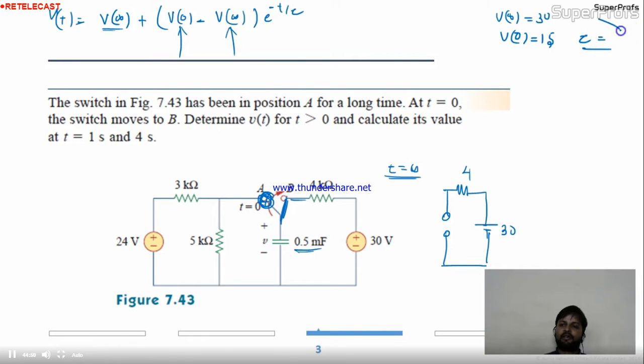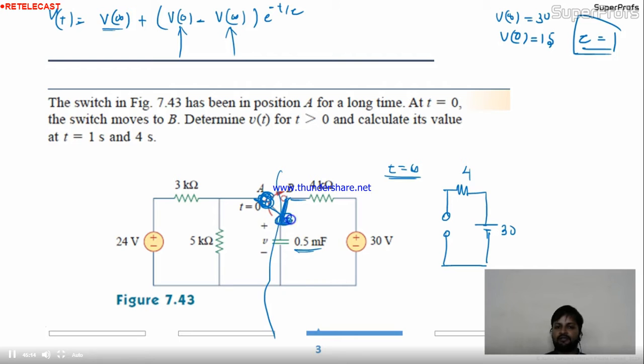Now you need to calculate tau. See, if you are calculating the tau, consider the output stage, means at t equal to infinity, whatever is given in the circuit. To get this tau we will not connect the switch to A. We'll connect the switch to B, because this is the last condition we are talking about.